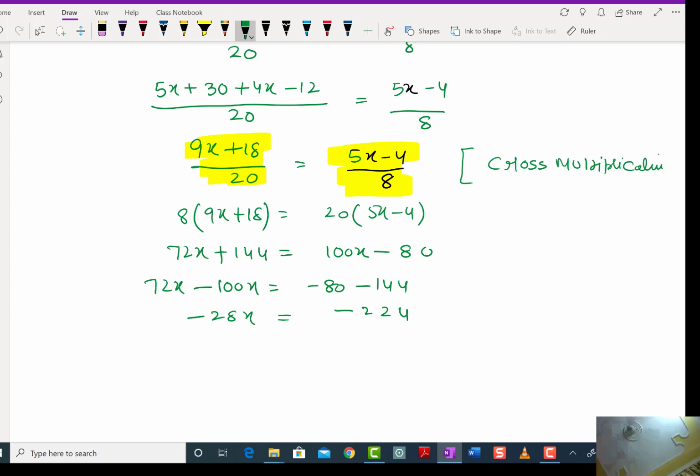Minus minus is cancelled. x is equal to 224 by 28.